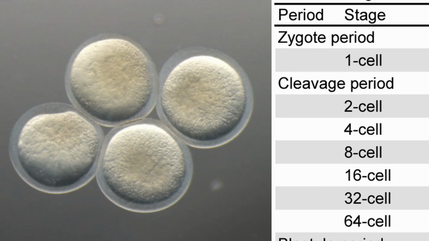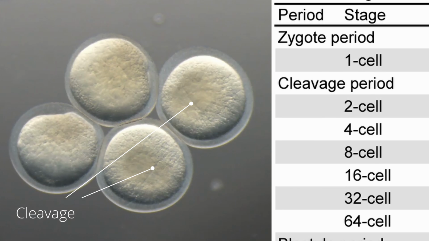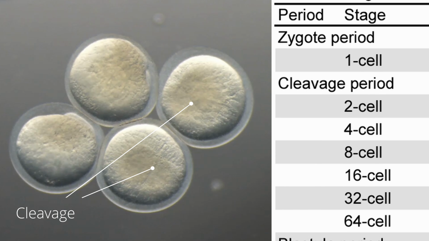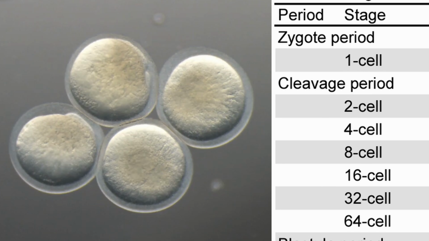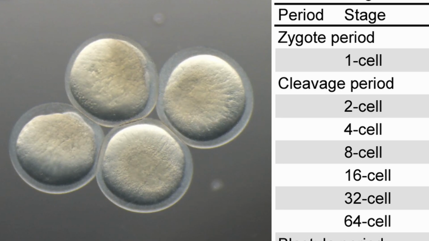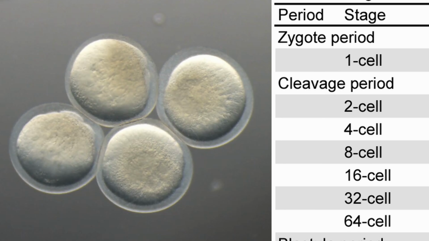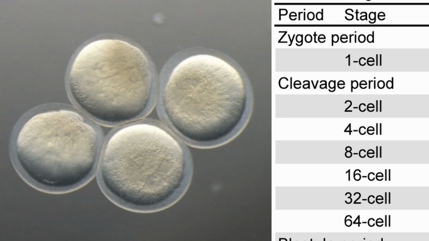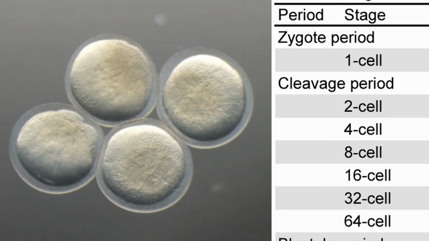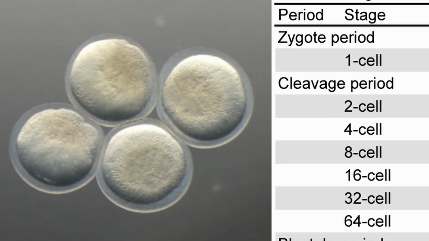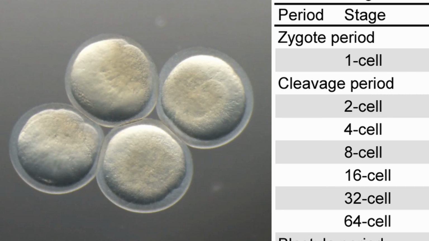It looks very simple. Now cleavage has begun. Cleavage in fish eggs is called discoidal cleavage, where only the cytoplasmic side of the egg divides. In amphibians like frogs and mammals like mice, cleavage progresses in a different manner.